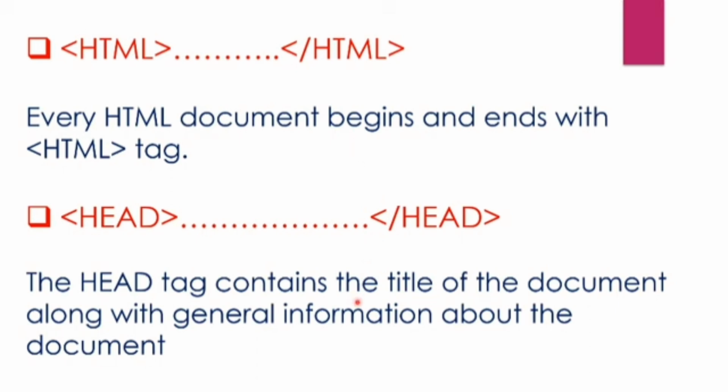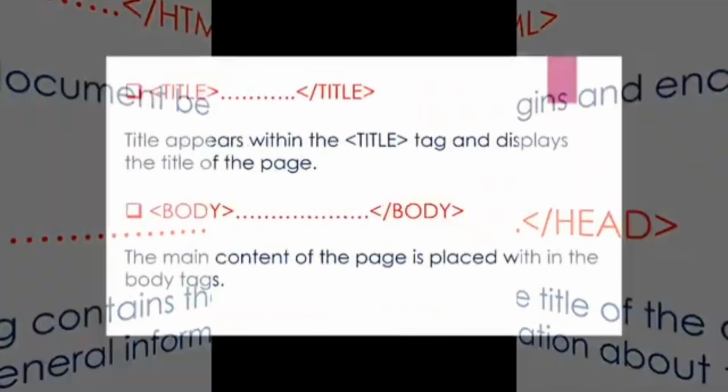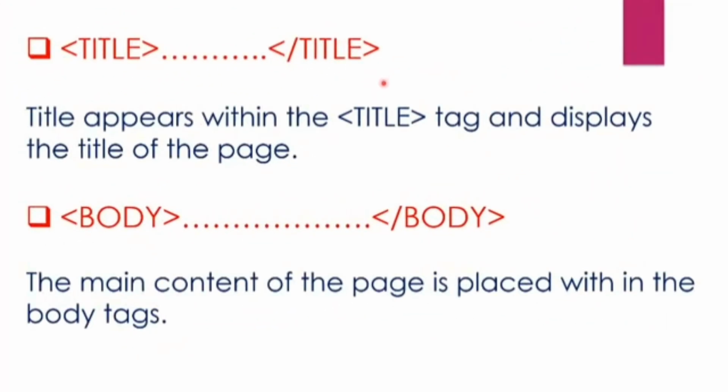The head tag contains the title of the document along with general information about the document. Title. Title appears within the title tag and displays the title of the page. Body. The main content of the page is placed within the body tags.